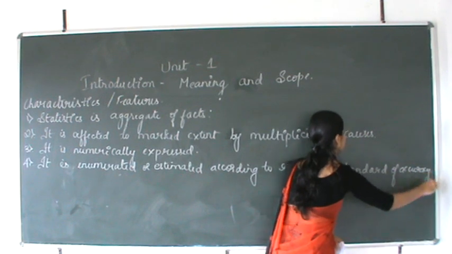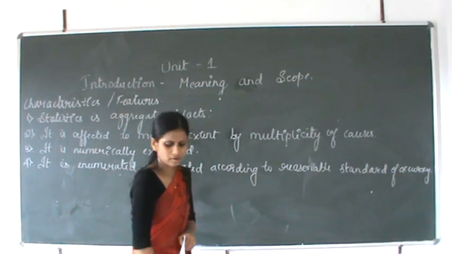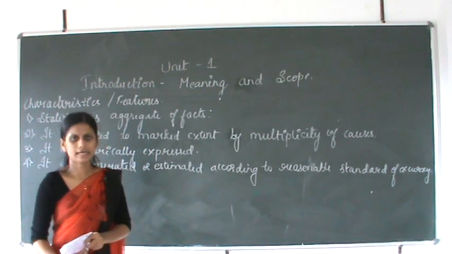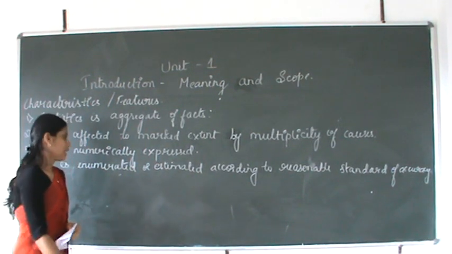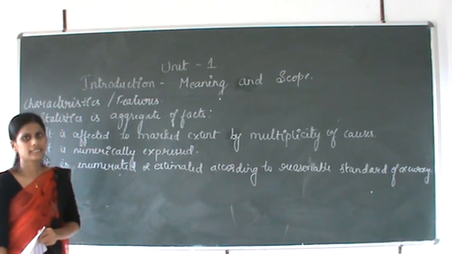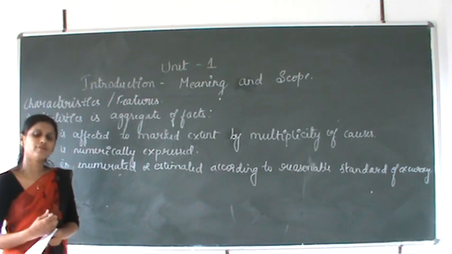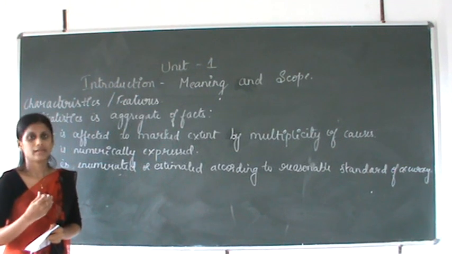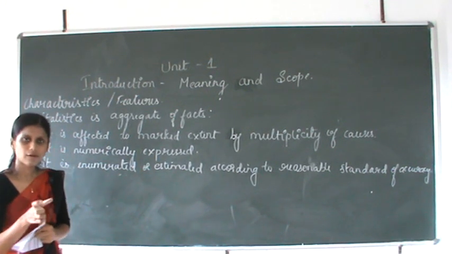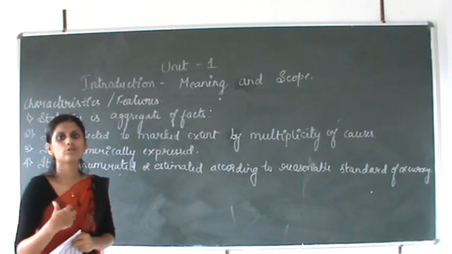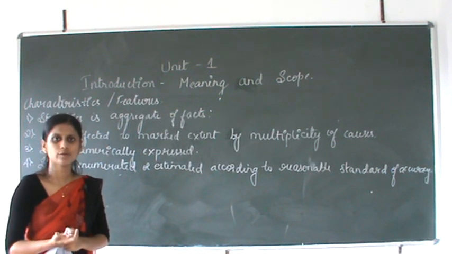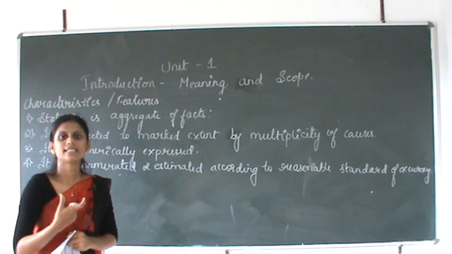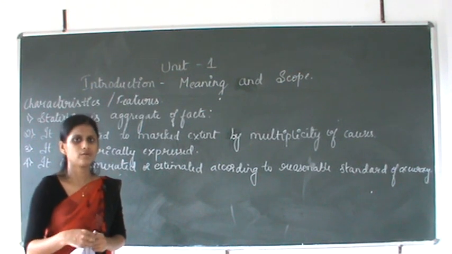Why? Because when you collect statistical data, the data should be accurate. That means it should be correct. Because with the help of this statistical data, you are going to conduct the statistical inquiry. So whatever data you collect for the inquiry should be accurate.